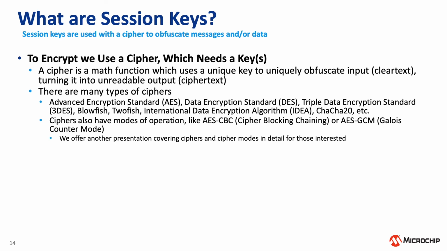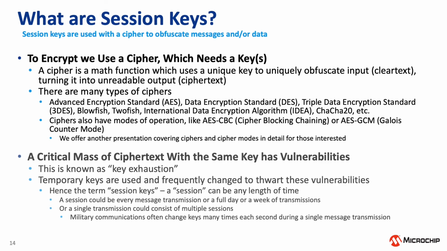Galois counter mode. Also keep in mind that when you use a cipher, if you create a critical mass of obfuscated text, ciphertext, with the same key, you start running into vulnerabilities. This is known as key exhaustion. You can only use a key so much.